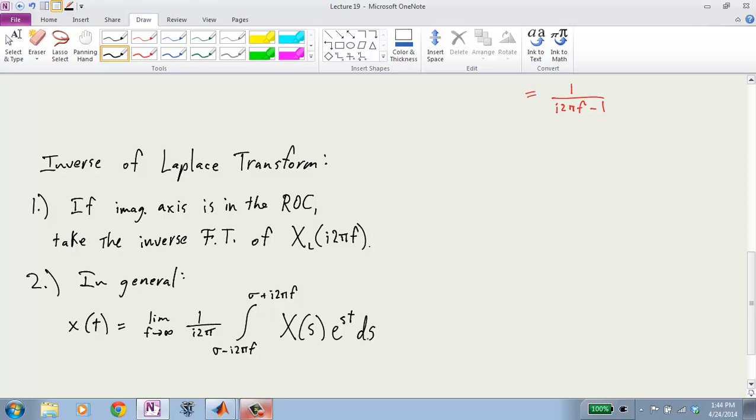This is not a function of f. It's a function of complex numbers.